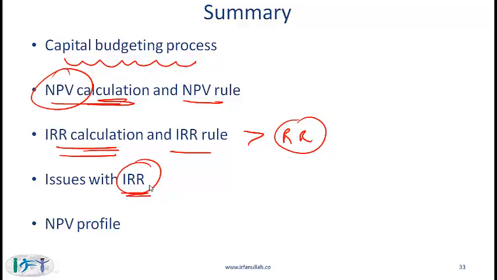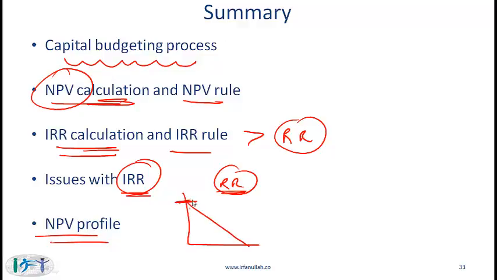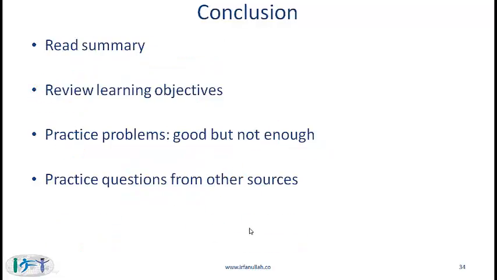The theoretically correct assumption is that intermediate cash flows are invested or reinvested at the required rate. You need to be comfortable with the NPV profile, recognizing that the y-axis intercept is based on the undiscounted cash flows, and the x-axis intercept is the IRR.